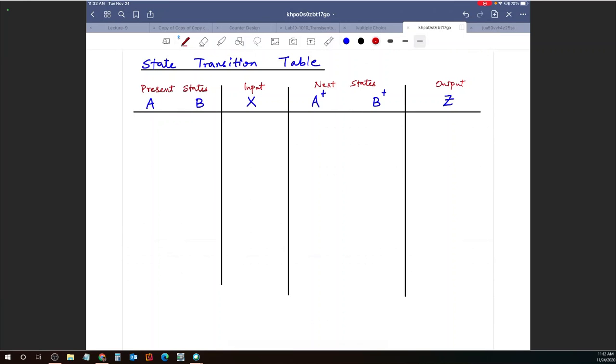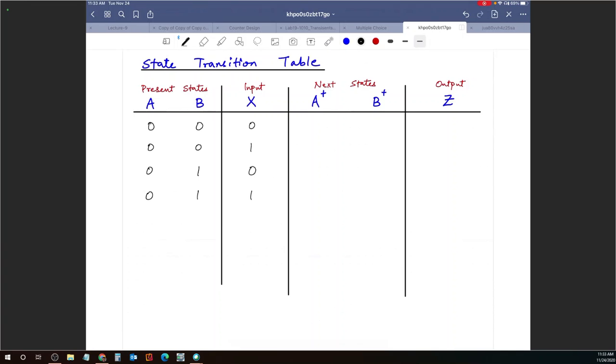Now, when you say present state or current state, A and then B, how many different combinations can I have for A and B for a different X? So my present state could be 0 0 here, and my input could be a 0. Present state could be 0 0, input could be a 1. Present state could be 0 1, input could be a 0, 0 1, input could be a 1.